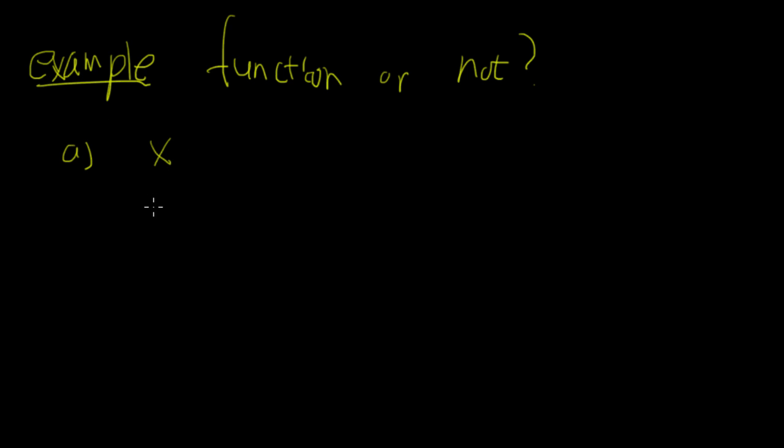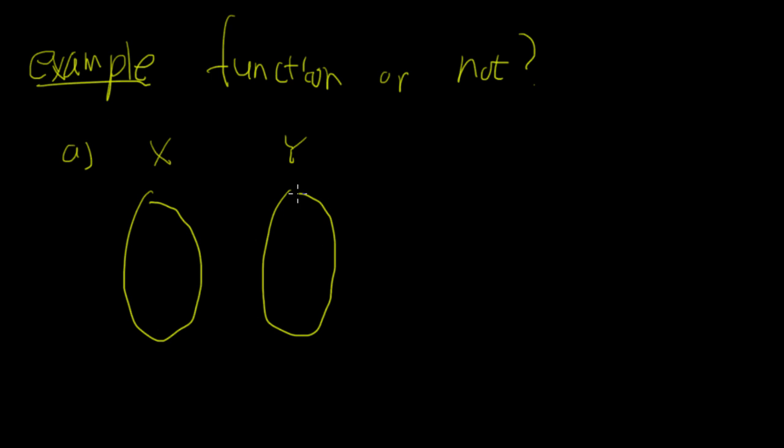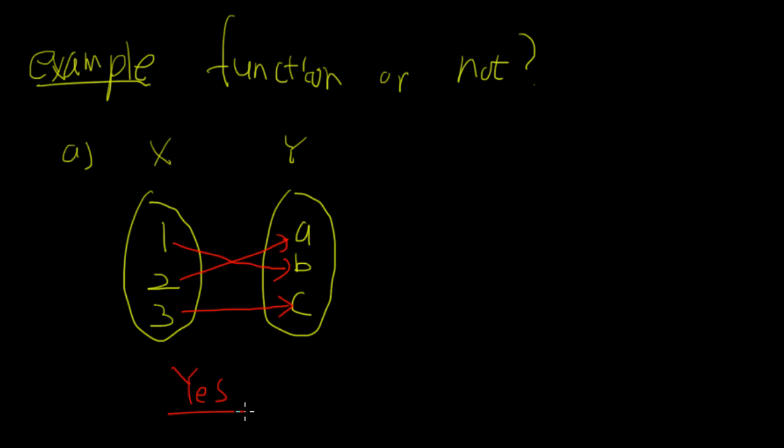Say you have set of x, set of y, say 1, 2, 3, a, b, c, right? And let's say 1 goes to b, 2 goes to a, and 3 goes to c. Now, is this describing a function? Well, the thing that we should check is one line coming from each element of x, only one line. Yes. So this is a function.